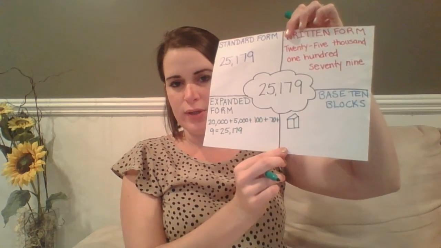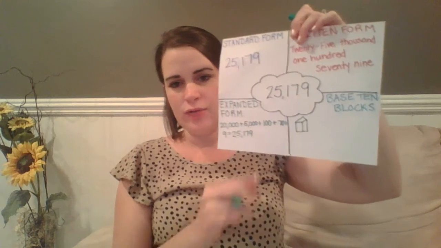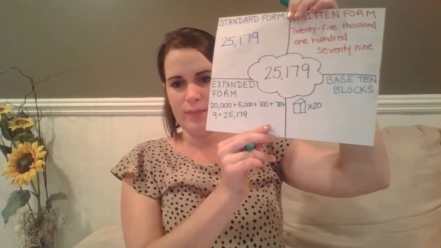Okay, so I'm going to draw a cube there. Remember, a cube is 10 hundreds put together. And beside it, since we don't have a whole lot of room, I'm going to put times 20, because there's 20 of them.